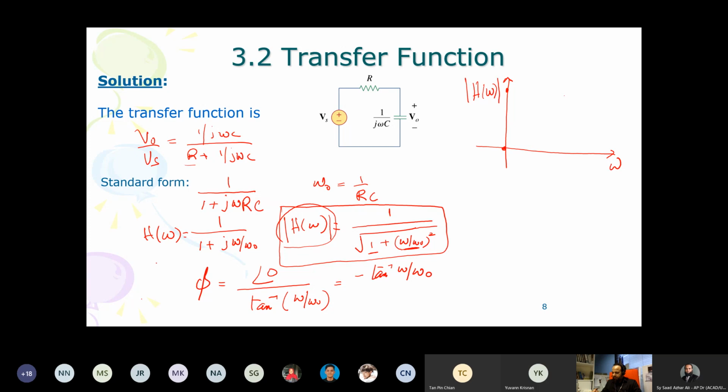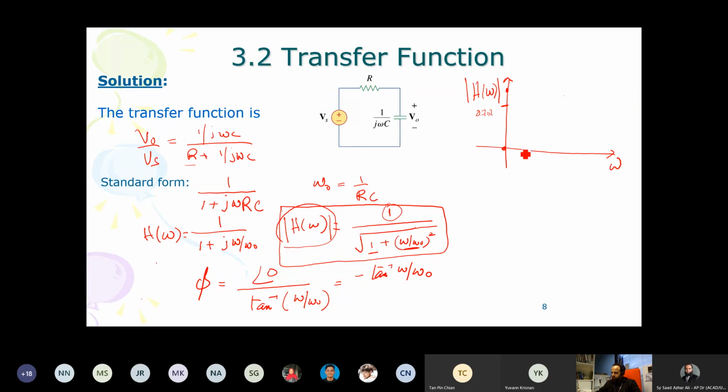So let's keep another value, which is omega equal omega naught. What will be the value of H omega when omega equal omega naught? It will be 1 upon under root 2, right? 1 upon 1 plus 1 squared, so somewhere around 0.707. Agreed?